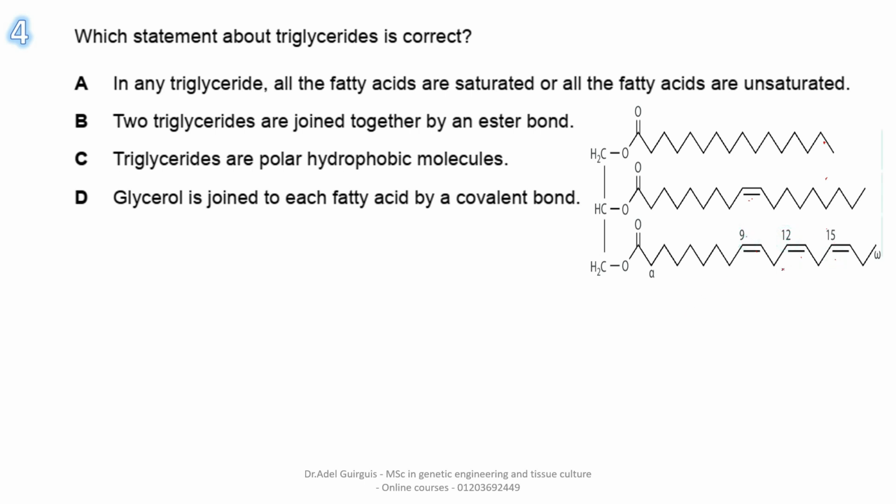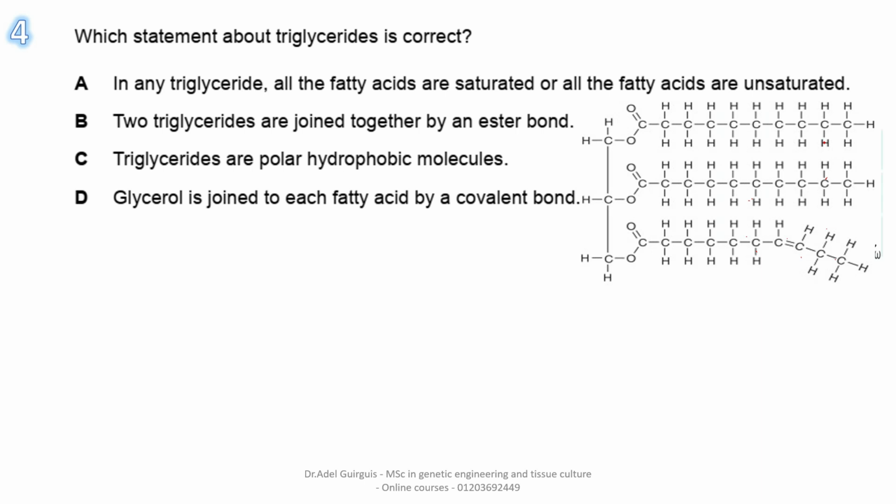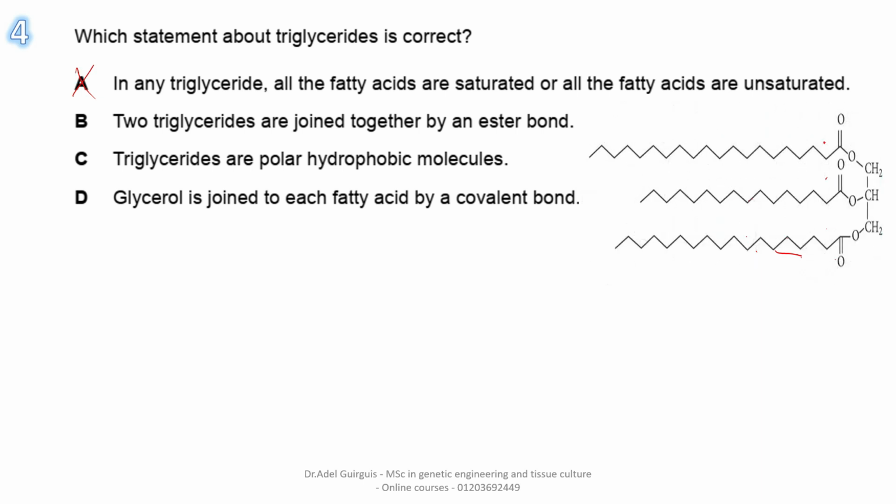There are 3 C=C double bonds. By chance you can also find the first and second fatty acids saturated, no double bonds, while the third one is unsaturated, where a kink is present at the C double bond C in this position. So it is not a must, it is not a rule, so A is wrong. Incorrect.